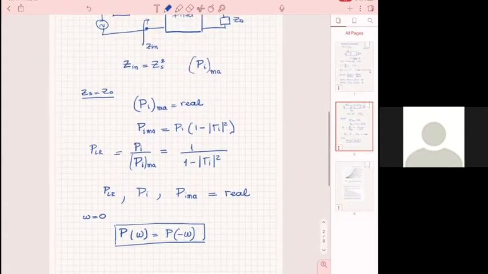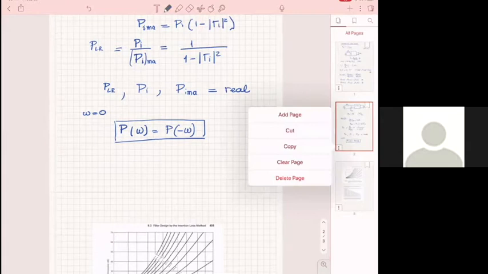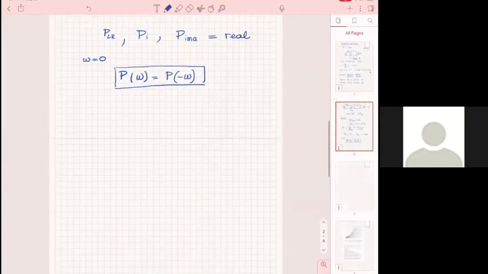This is important because if this is true, then you also find out two things.